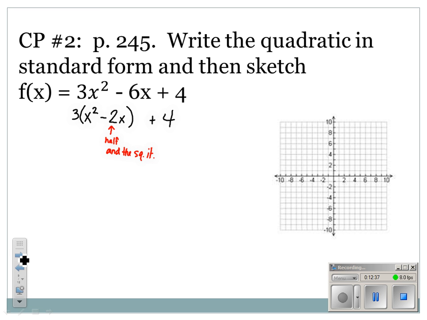So we're going to do it like this. If we square negative 1 again, we get positive 1. But if we add 1 somewhere, we have to subtract 1 as well. Bear with me, this is a little different than when we completed the squares before. And then we still had that plus 4 on the outside.